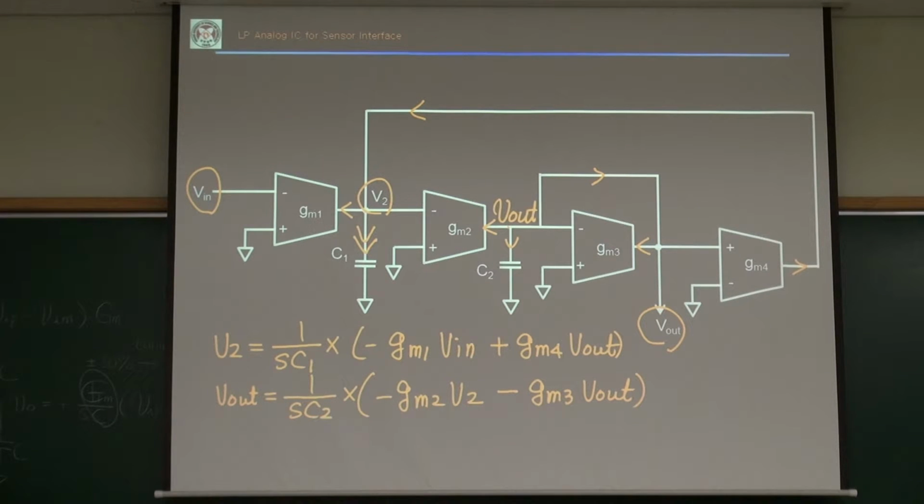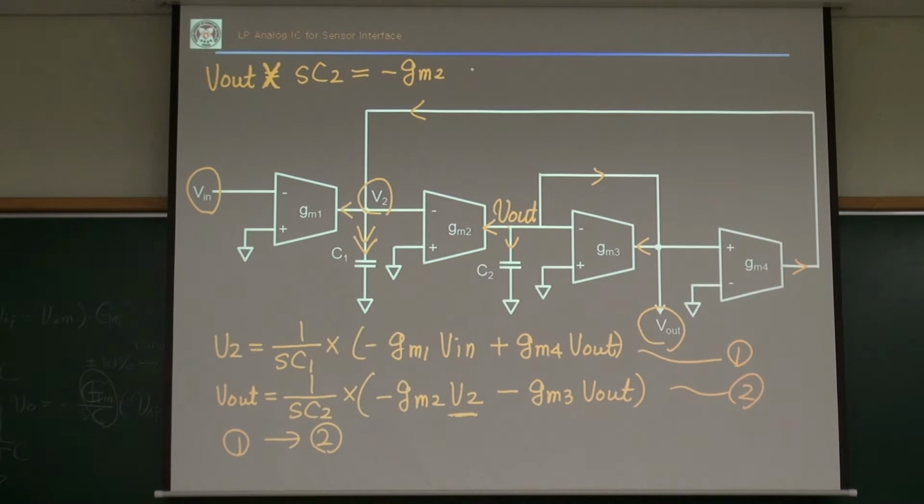No? Okay. Then I can just substitute this V2. So equation 1, equation 2, we can substitute 1 into 2. Then my V out equals 1 over SC2, oh, let me write it this way. GM2 times SC2 times V out equals minus GM2 V2.